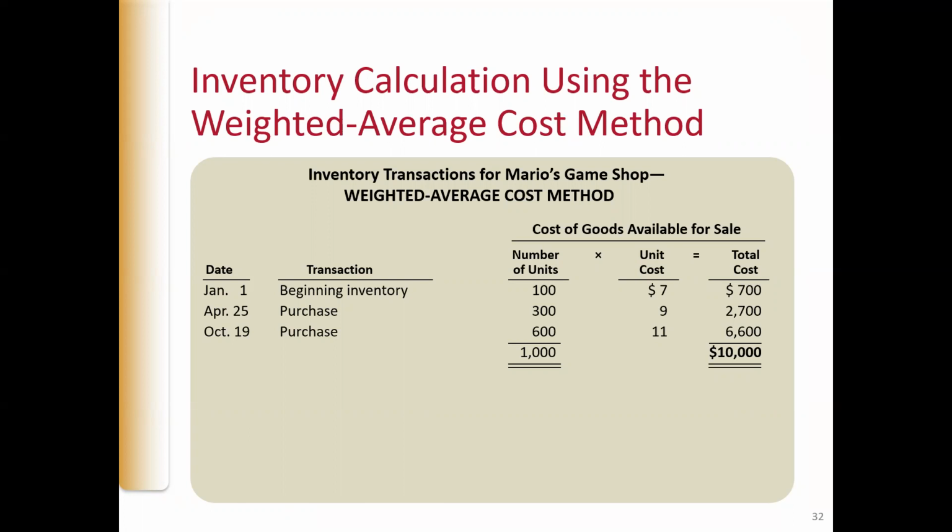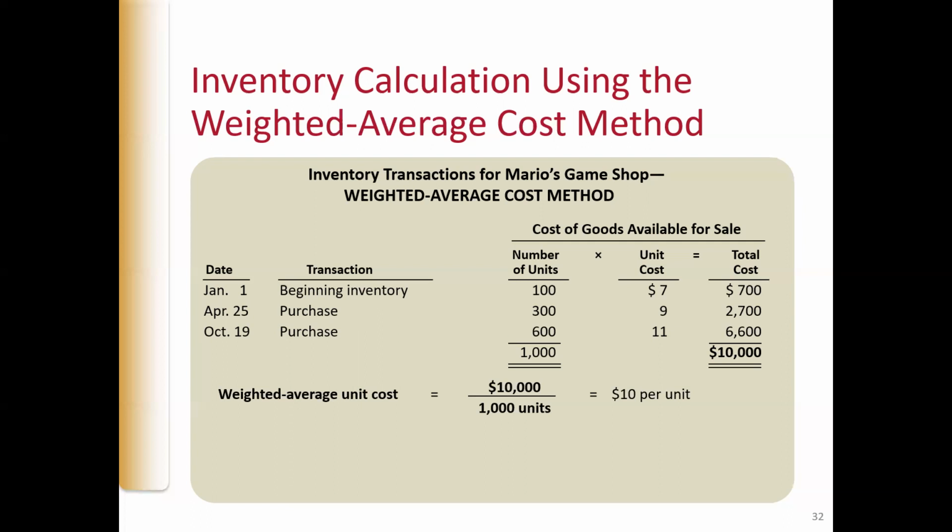On October 19th, we purchased 600 units at $11, which shows $6,600. We have 1,000 units at a total cost of $10,000. If we divide that $10,000 by the number of units available, we come up with $10 a unit.